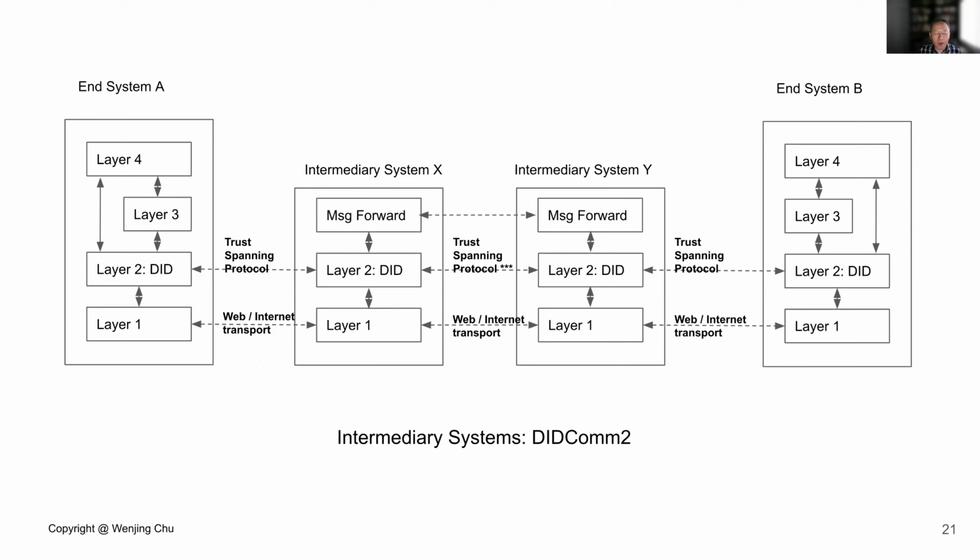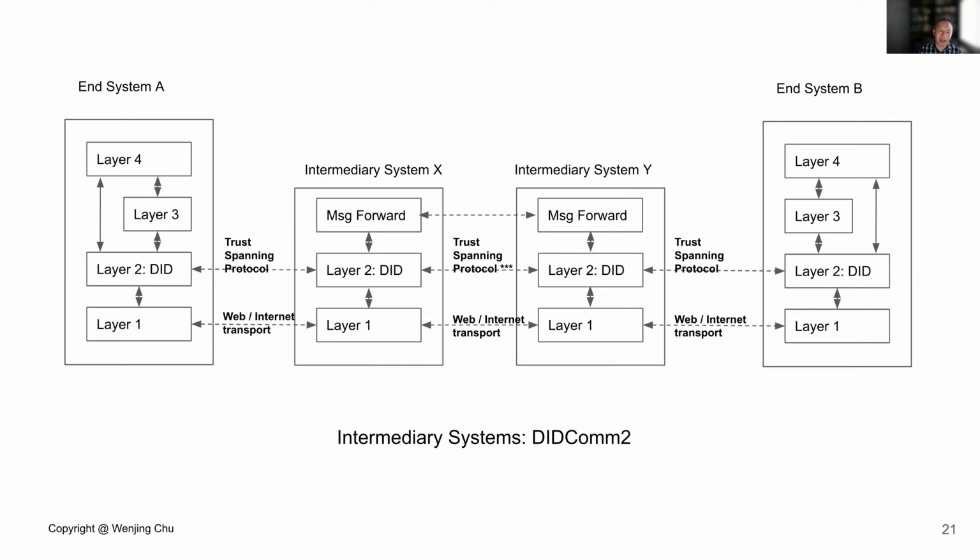The last topic I want to address is intermediary systems. Here's one example of an intermediary system using DIDComm v2. In DIDComm v2, there's a mediator as the example of an intermediary system.